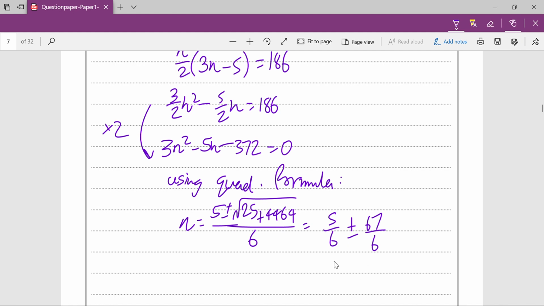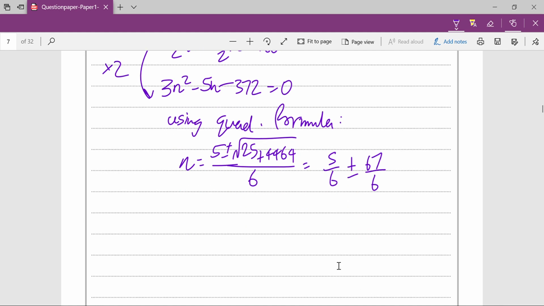And we know that because it's the index of a series, n has to be greater or equal to 1, and n must be an integer. Therefore, n must be equal to the positive version of this, 5 over 6 plus 67 over 6, which evaluates to 72 over 6.